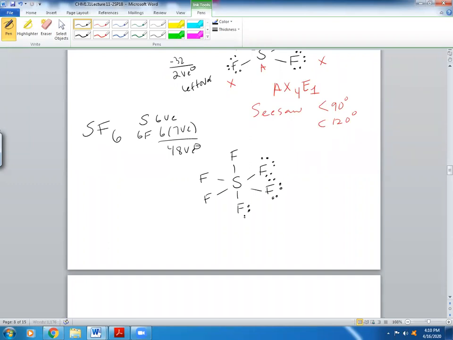So you know that they each have an octet. This is A, X, X, X, X, X, and X. So this is AX6.